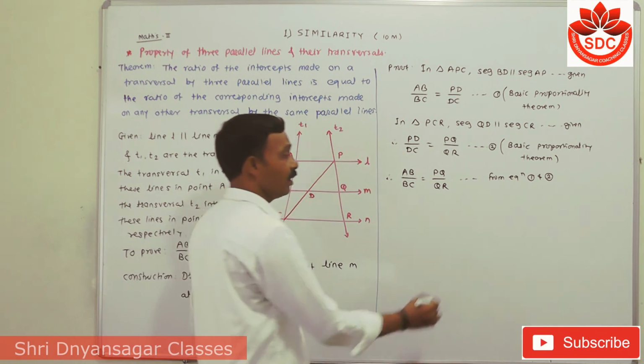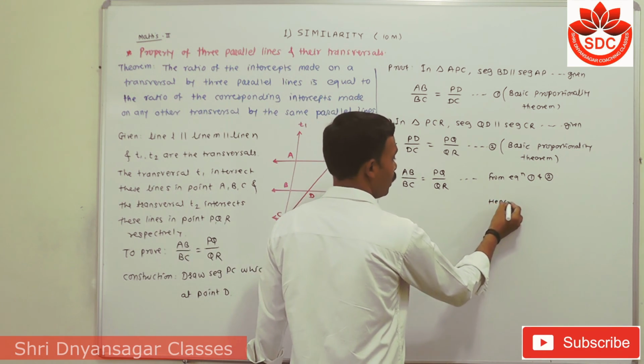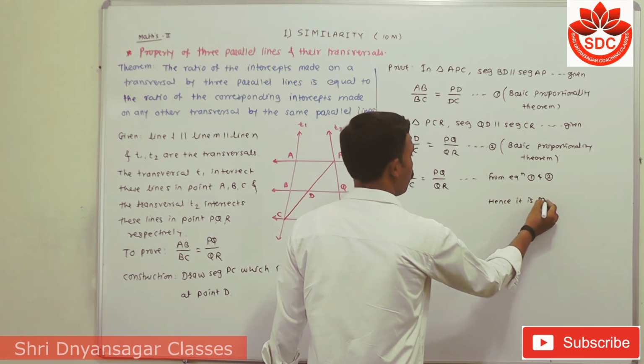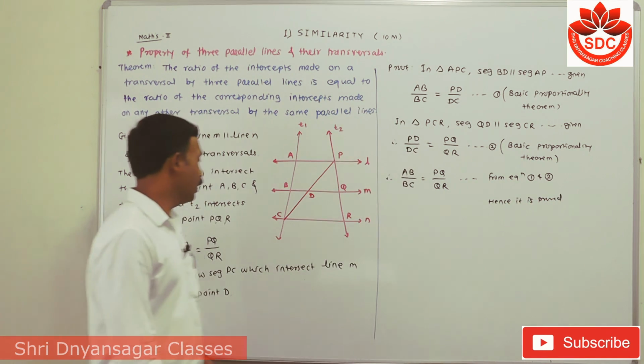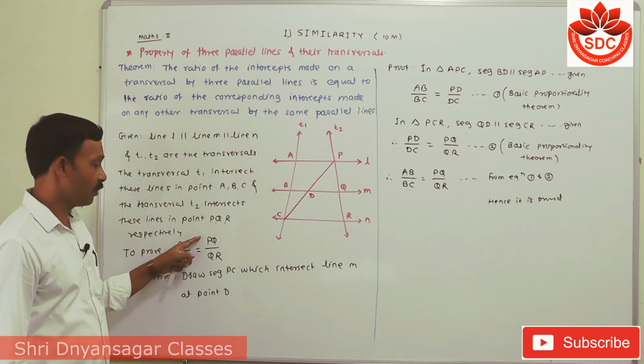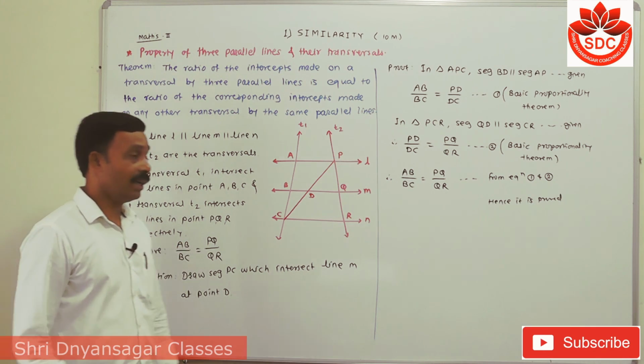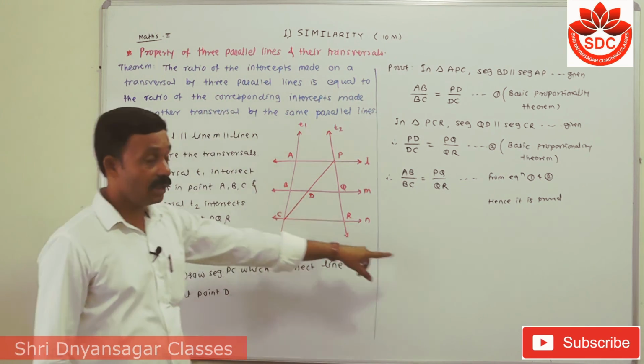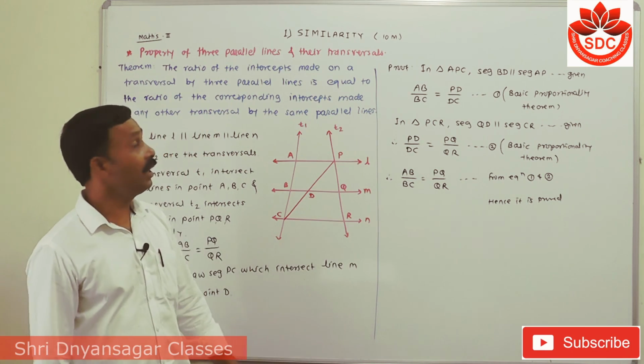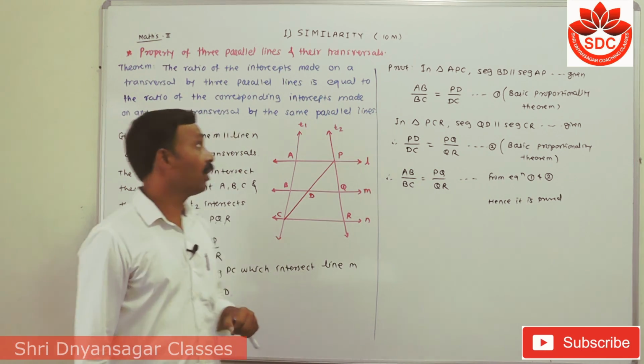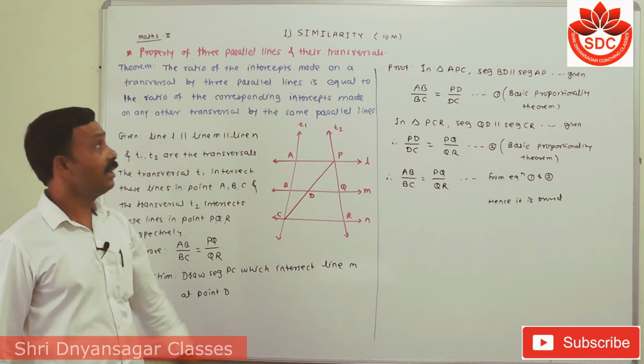Hence it is proved. We have to prove here AB upon BC is equal to PQ upon QR. Again you have to write all these sentences also. This is our very important property, the property of three parallel lines and their transversals.